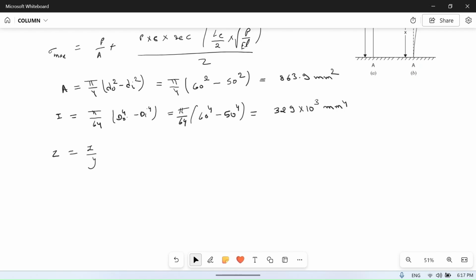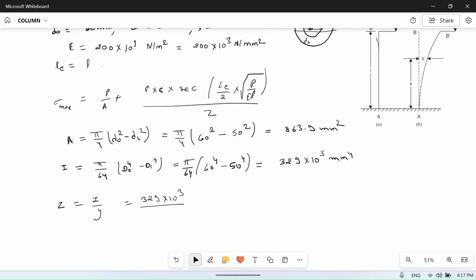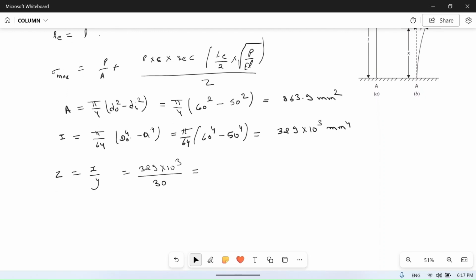So it will be 329 into 10 to the power 3 divided by 30, since the external diameter is 60.